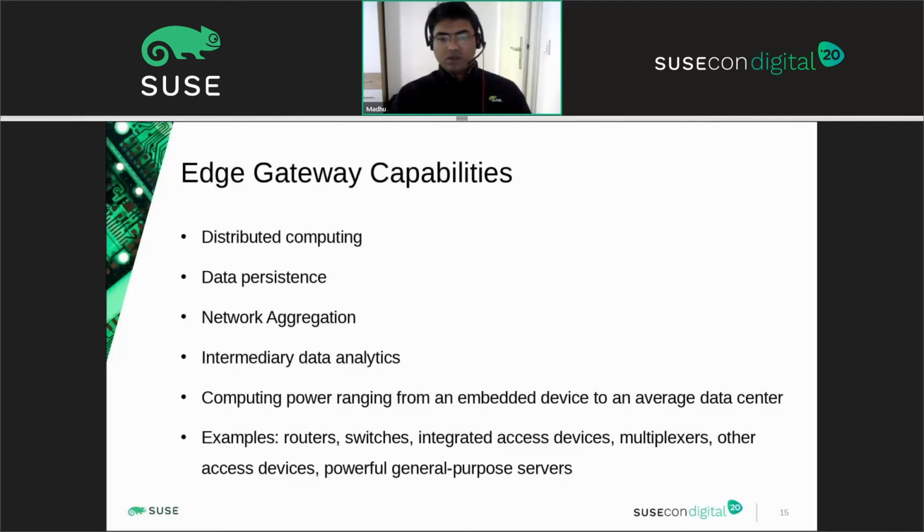So what does that mean? It should provide data storage and protection. It should provide protocol support. There are devices which are actually running with different kinds of protocols. It could be Zigbee or Wi-Fi or WLAN, MQTT, and some of them probably just require HTTP.